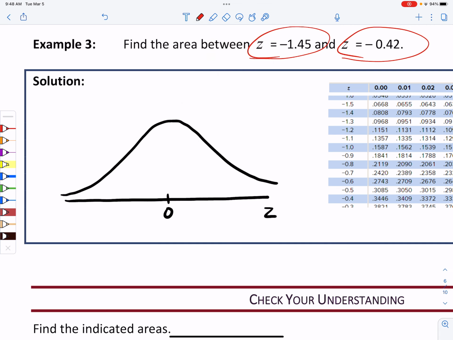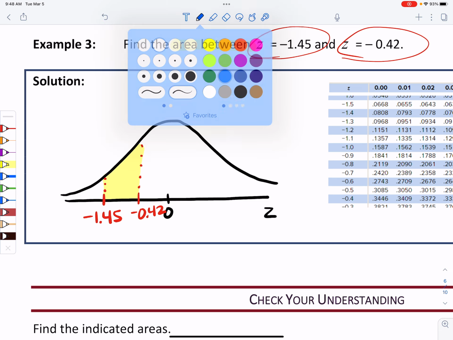But notice negative 1.45, that's the most negative, so it's going to be the furthest to the left. And then negative 0.42 is going to fall somewhere between that and 0. And what I want to find here is the area for just this region in between those two values of z.